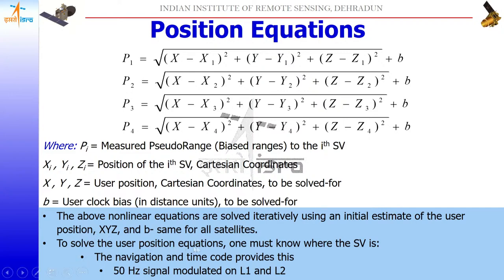Then to solve the user position equation, one must know where the satellite vehicle is. The navigation and time code provides this. The 50 Hz signal modulated on L1 and L2 signals provides the information of where the satellite position is. This ephemeris that we get through L1, with the help of your fundamental frequency, helps to provide the real time position of the satellite.